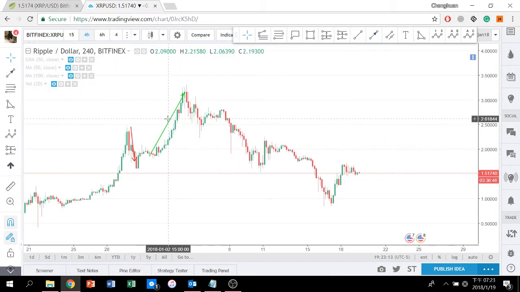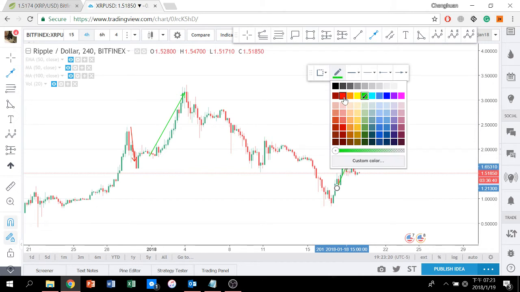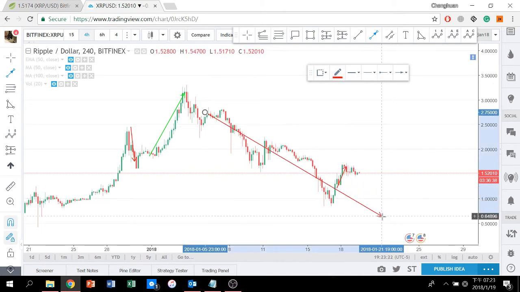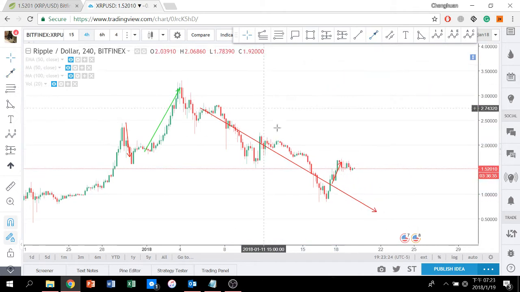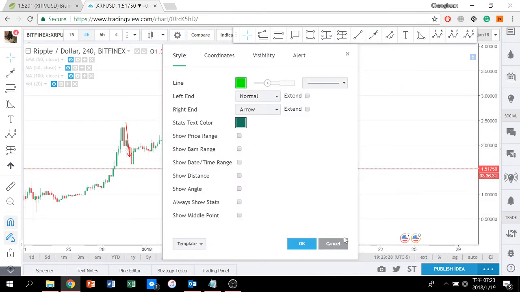Same for here. Even if the market goes upward in a major downtrend, it doesn't mean the market is bullish. The market is still bearish, in my opinion. So that's really important.